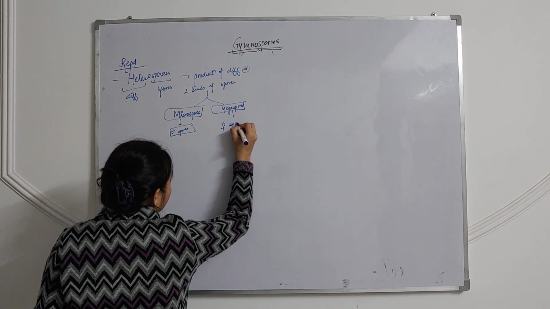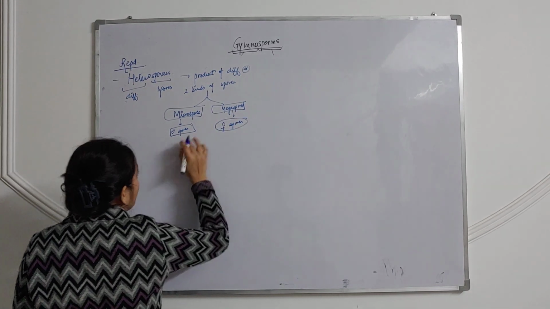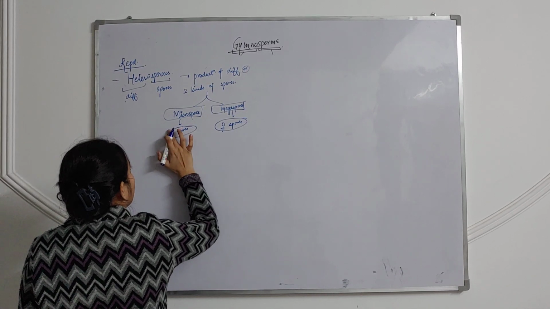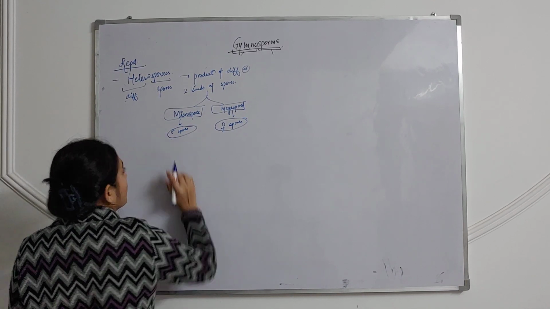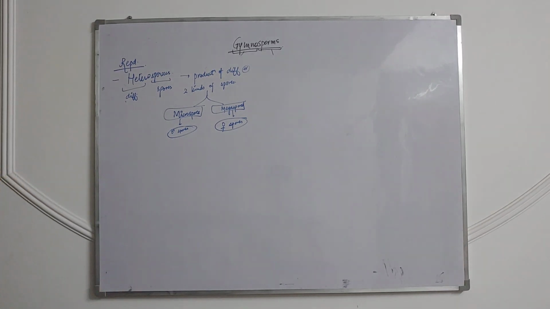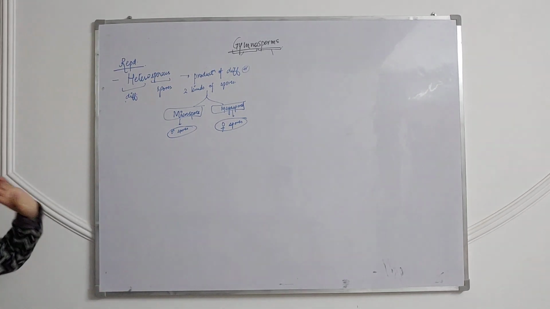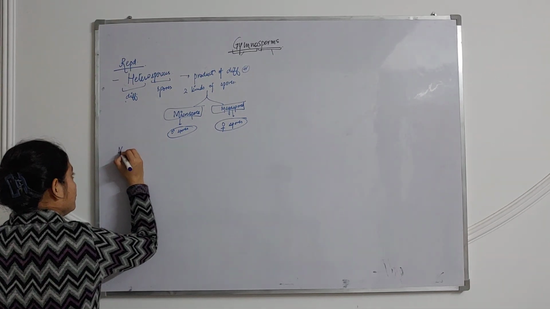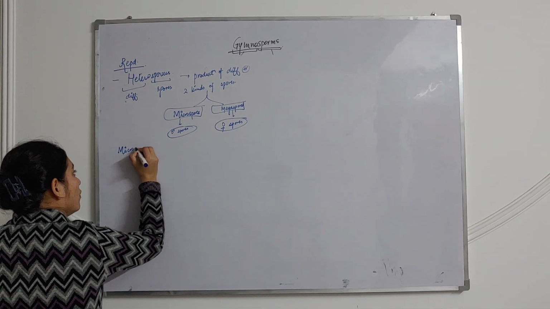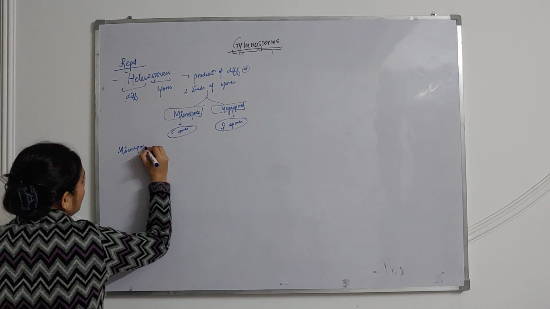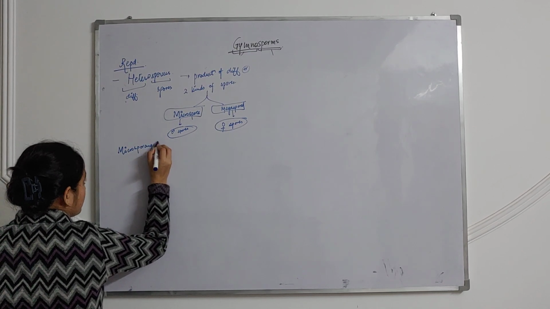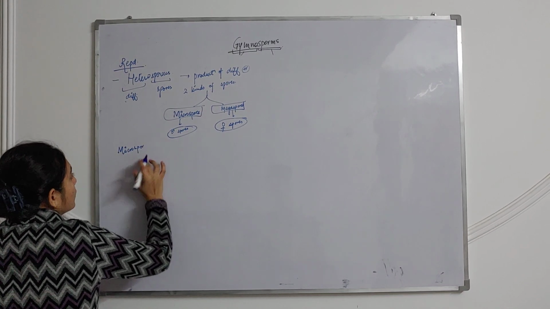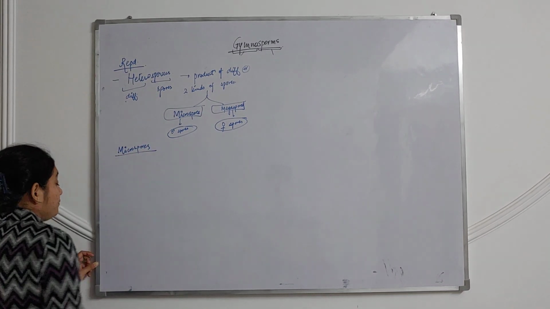Megaspores are the female spores. Now, how are microspores produced, and where?